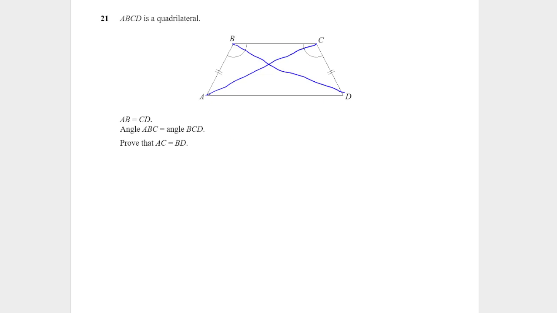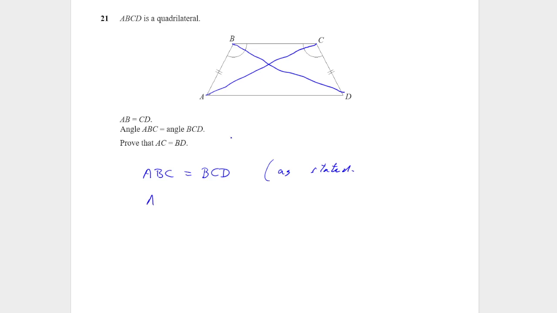Right, so I'm going to say that angle ABC is equal to BCD, as stated. I've probably done this slightly out of order, but that's fine.